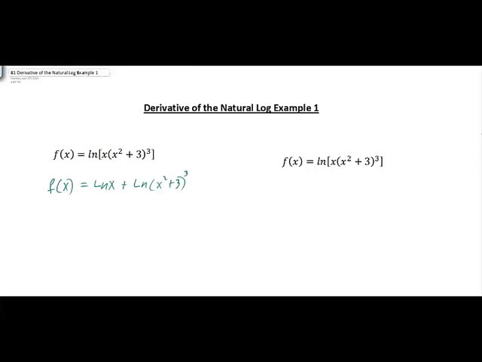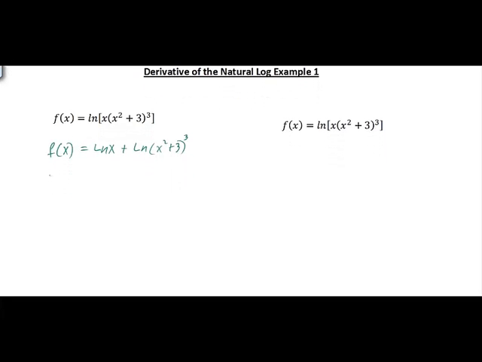Okay, so that's one of our logarithmic properties. And then we could go a step further if we would like. And we could think of this as the exponent 3. Remember the property there, we can pull the exponent out front and make this 3 times the natural log of x squared plus 3.